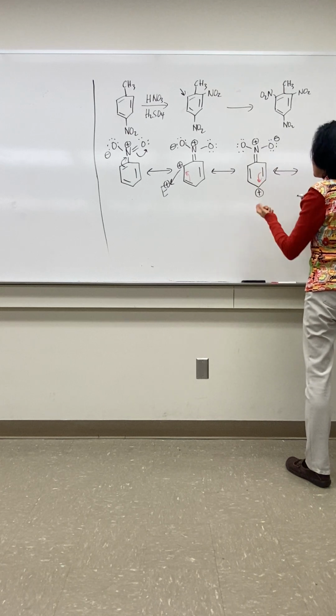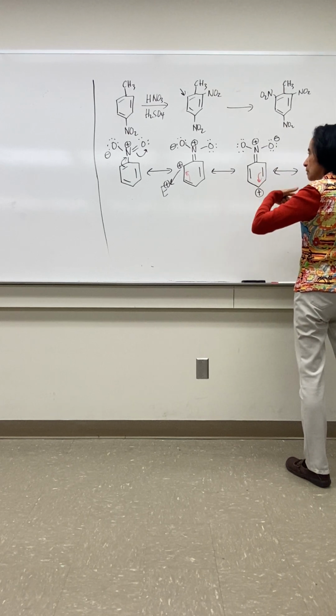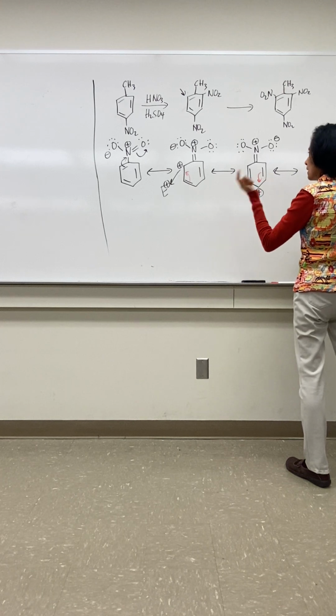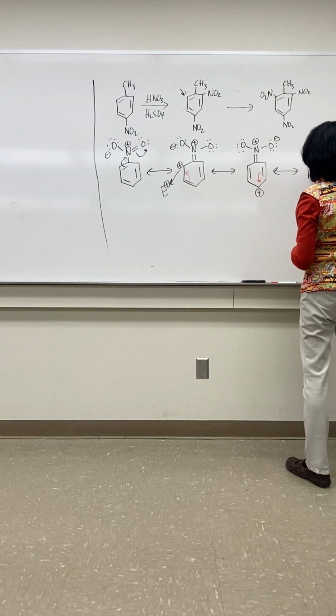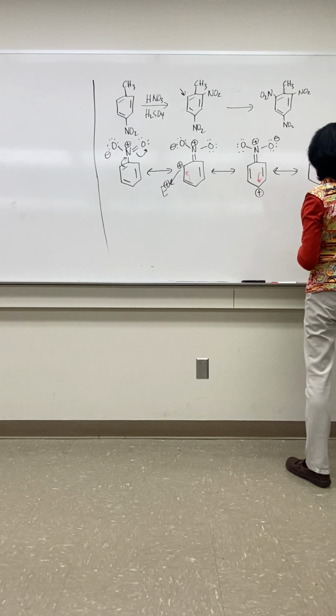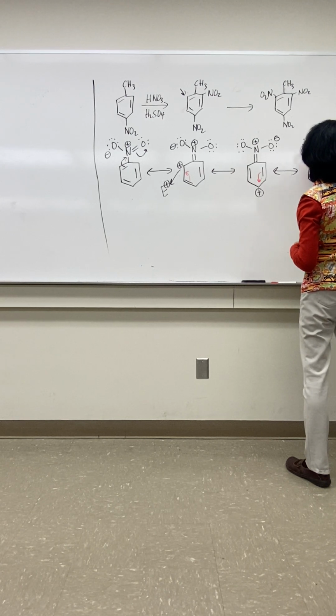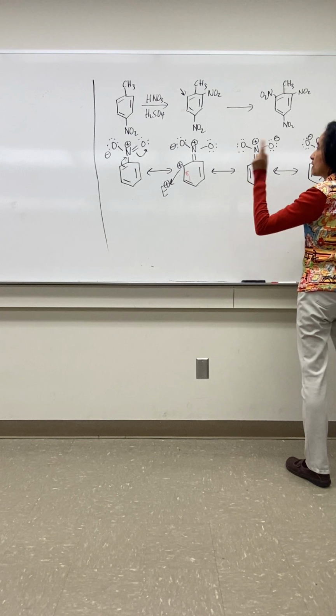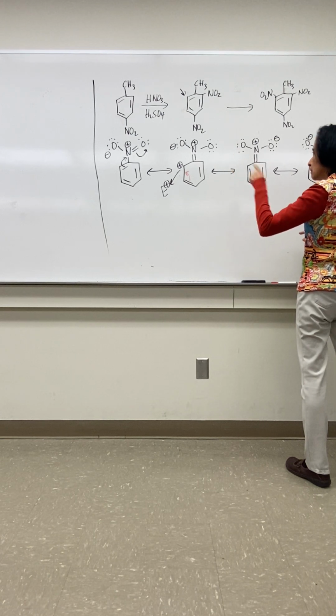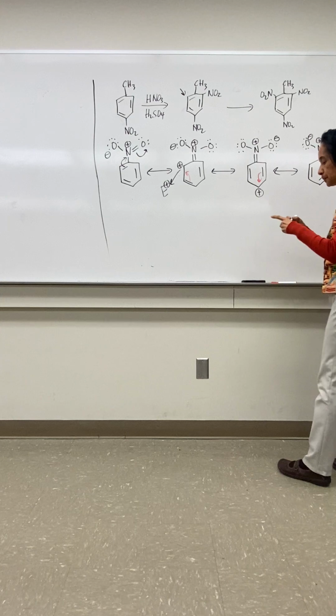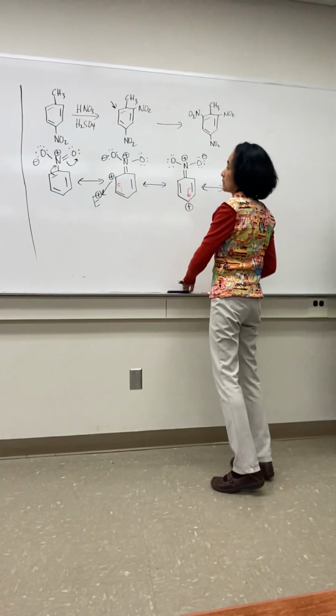These are resonance structures to show you that the ortho and the para are less susceptible to attack by the electrophile. So that's the explanation, Tiffany, why NO3 is not correct, it's NO2.